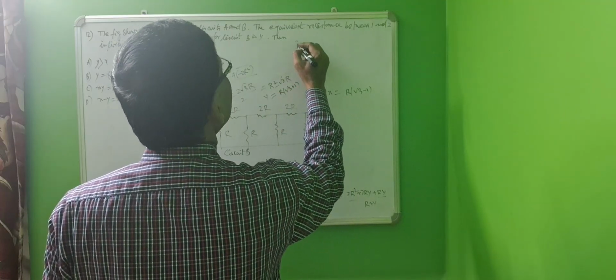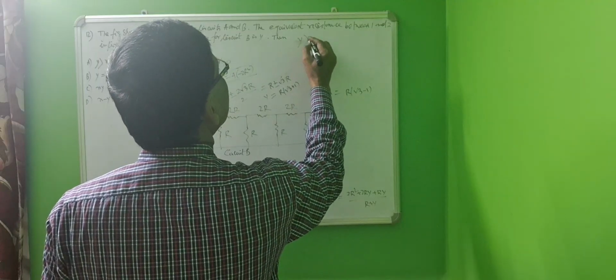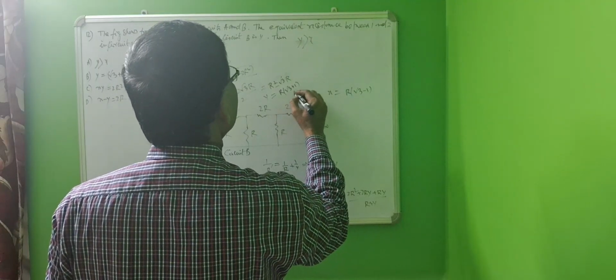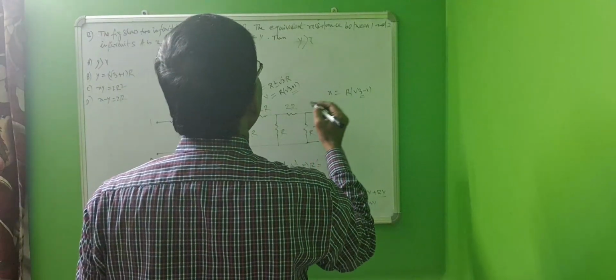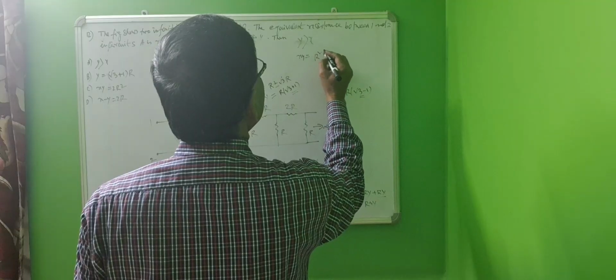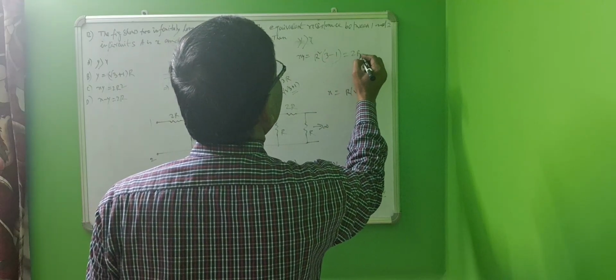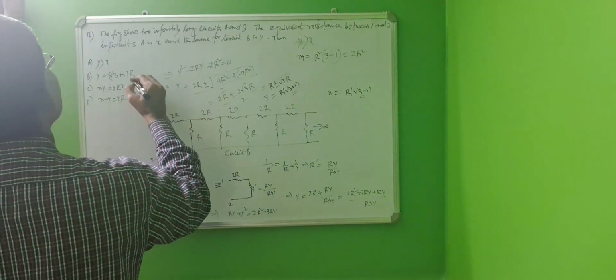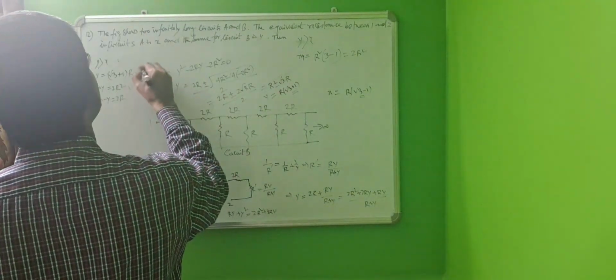From which we can write: number 1, y is greater than x, because y has a plus sign and x has a minus sign. Number 2, xy equals R square times (3 minus 1) equals 2R square. So this one is right, this one is also right, and y is also right.